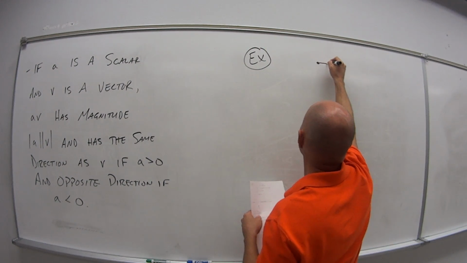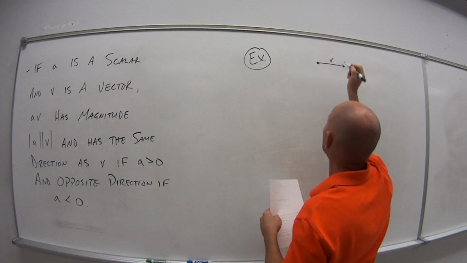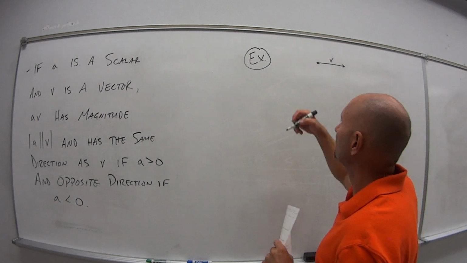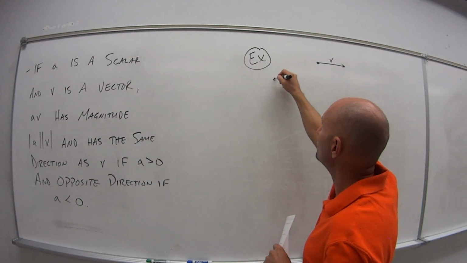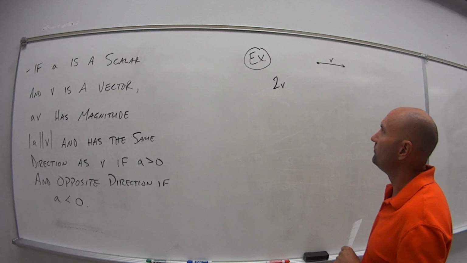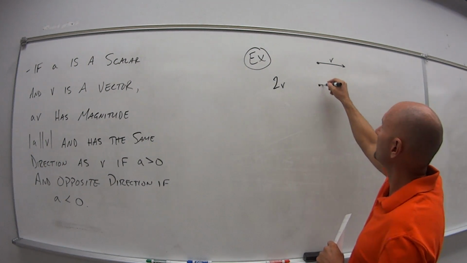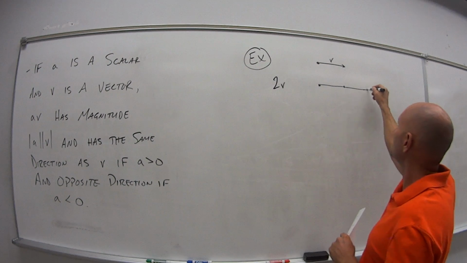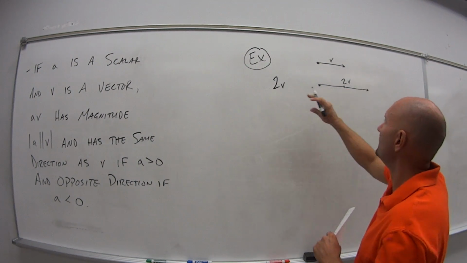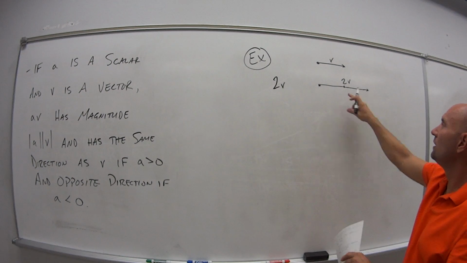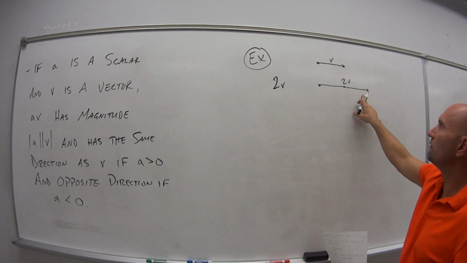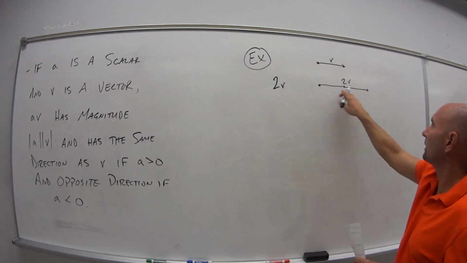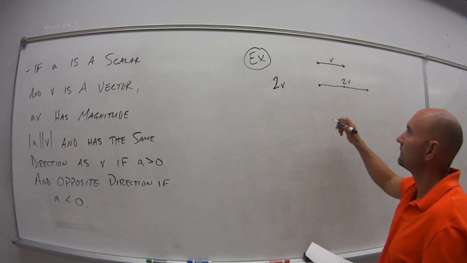Let's say I have some vector V. If I have a scalar A that's 2, so I want 2V, it just means it's twice the length. If this is V, this would be 2V. It multiplies that vector by the value of A, in the same direction. V was starting out directly to the right, so I keep going directly to the right.